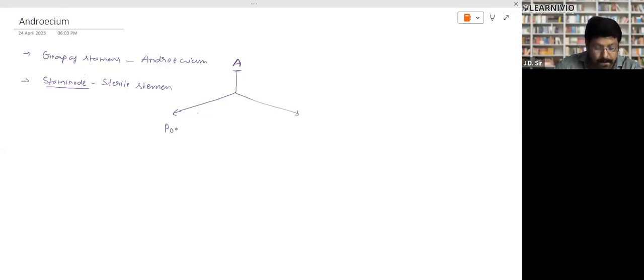Polyandrous means the stamens of the androecium are free. So if the stamens are free, we call them the polyandrous condition.